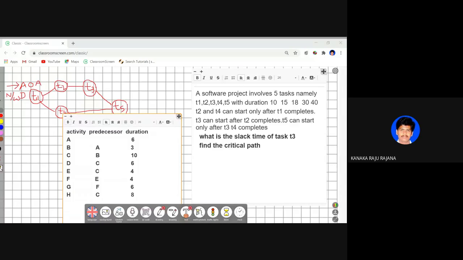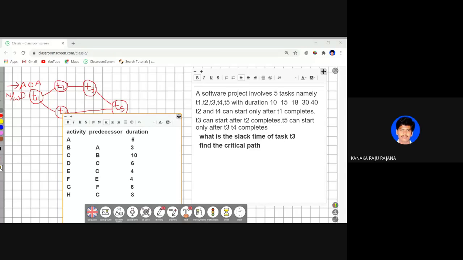So backward pass depends on two parameters: late start and late finish. Forward pass depends on two parameters: early start and early finish. Whatever the pass, duration is common. If I use plus duration, it is called forward pass.